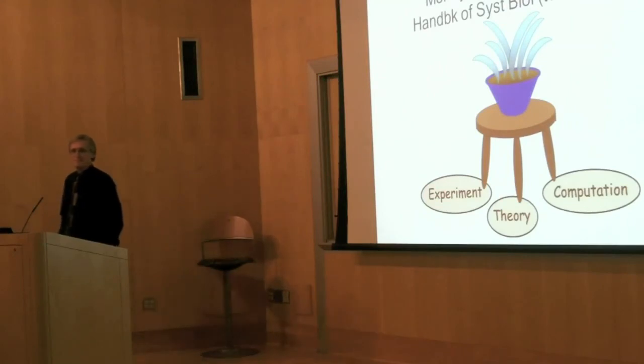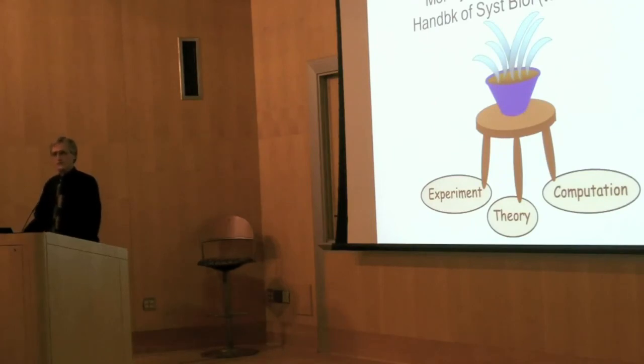Yes? Is there any way to test robustness of this model? Have you stressed it at all to see if it comes back to normal? Okay, yeah, that's a very good question. And we have done that, but always in the context of what experimentalists do. Experimentalists are stressing yeast cells all the time, and there are many ways to stress them.